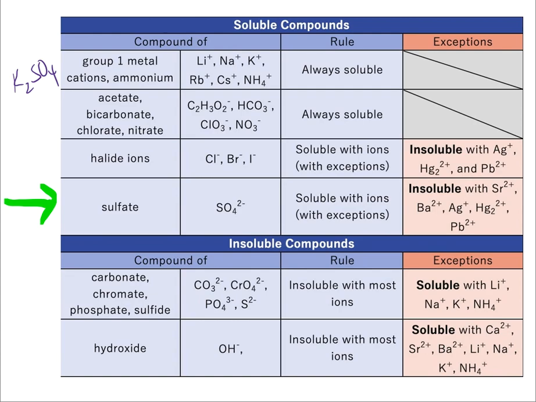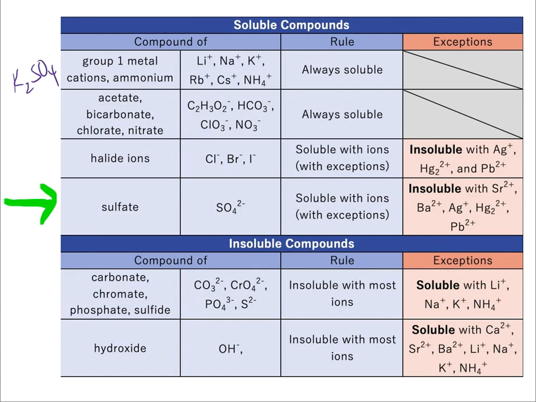And so sulfate compounds are generally soluble, but you want to look at the exceptions. Always look at the exceptions. The exceptions mean that the opposite will take place. So sulfate compounds are generally soluble, but the exceptions include strontium, barium, silver 1, mercury 2, and lead 2.